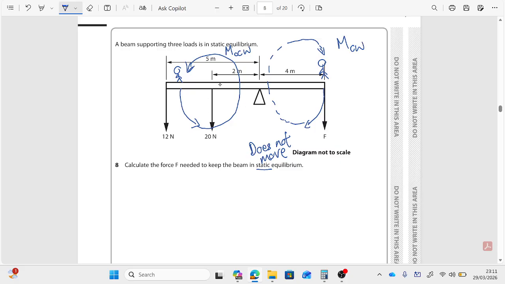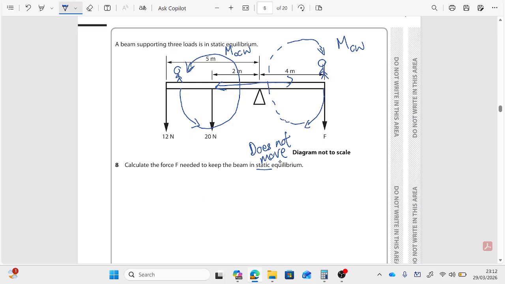So when this beam doesn't move, well, it would be balanced. Then it is in static equilibrium, meaning whatever is on the left-hand side, the moment is the same as the clockwise.